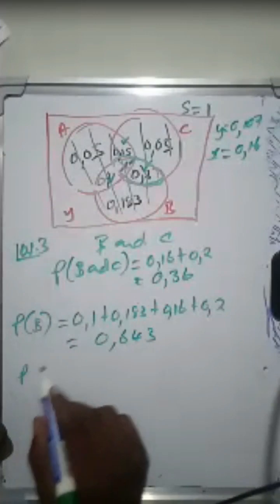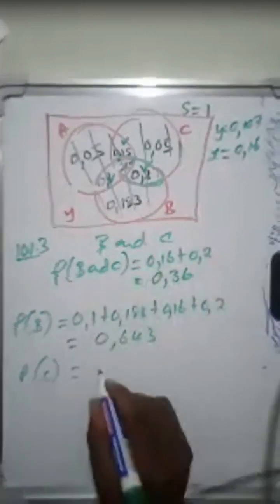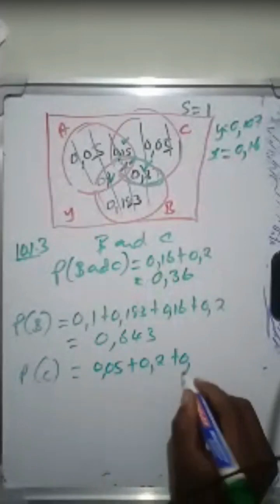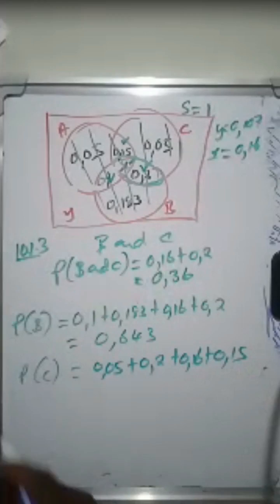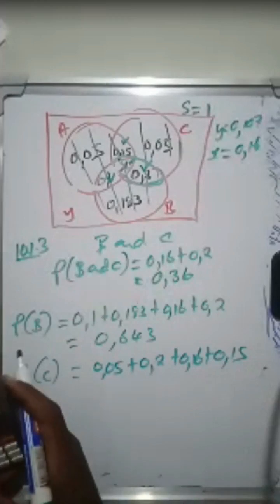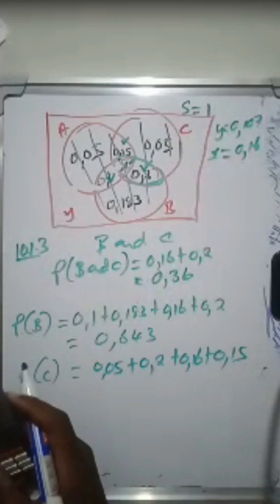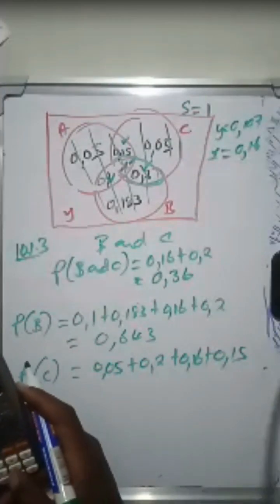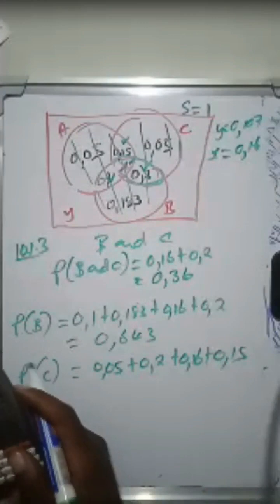What is the probability of C? Everything that is in C: 0.05 plus 0.2 plus 0.16 plus 0.15. We get 0.56.